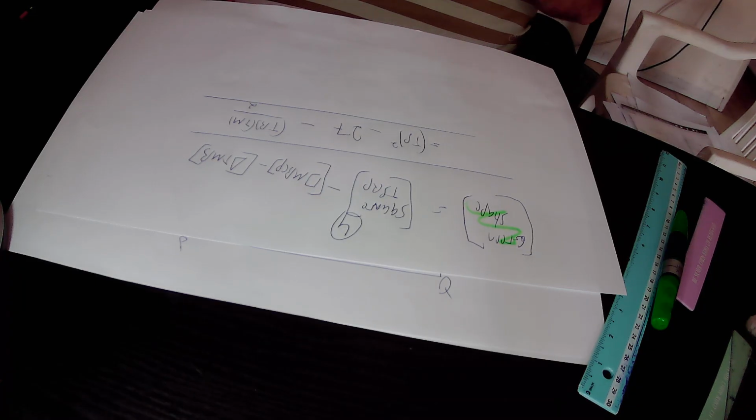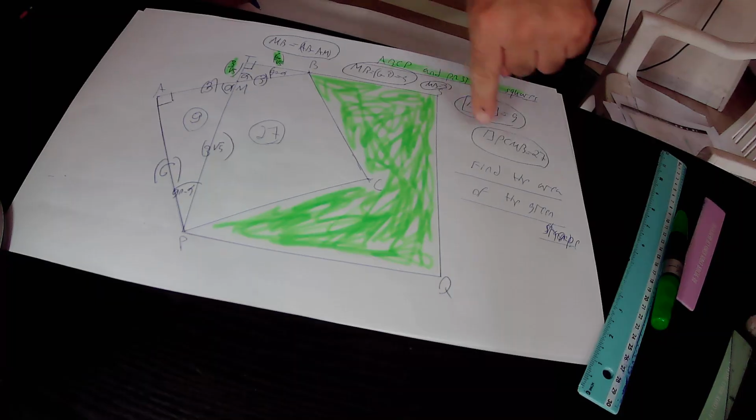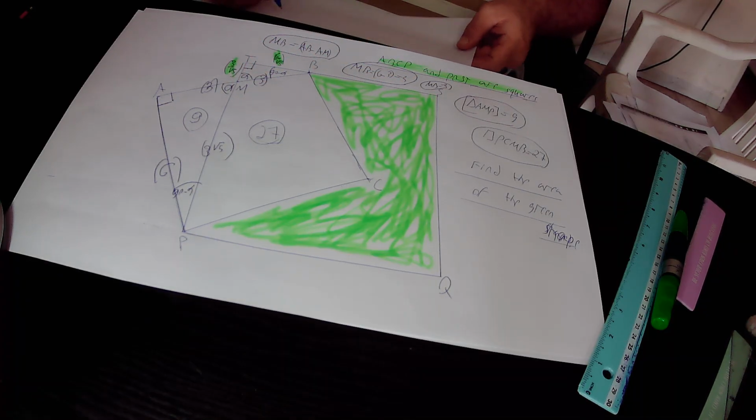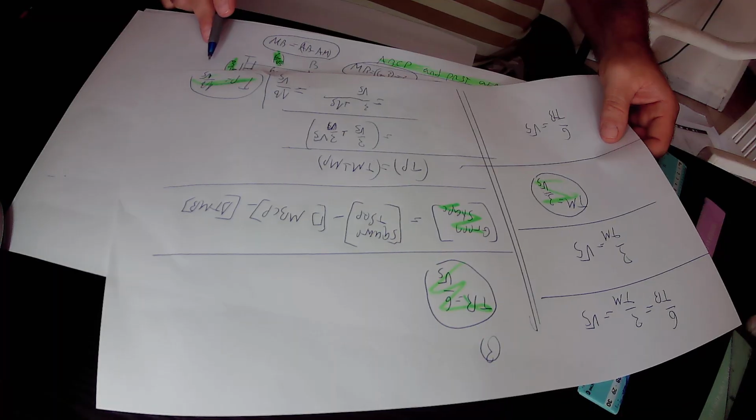So what is the area of the big square TSQP? The area of this big square TSQP equals TP squared. We already found out that the length of side TP is 18 over square root of 5 units.